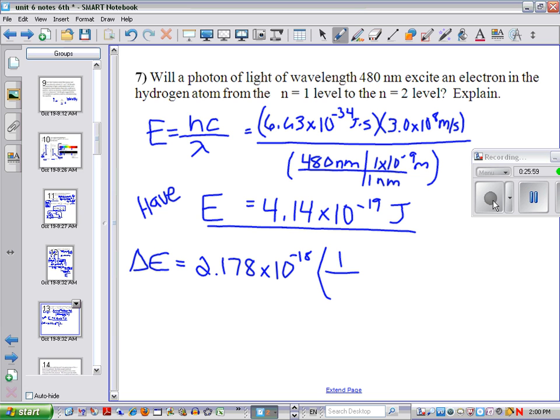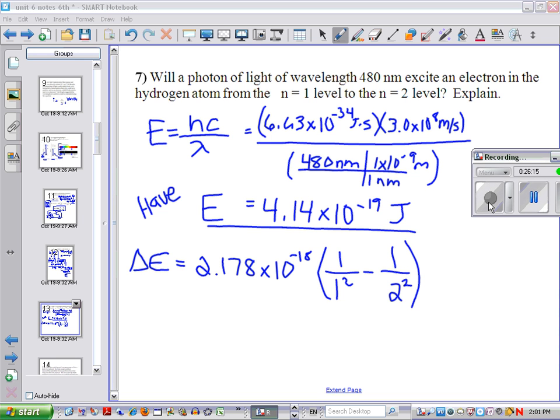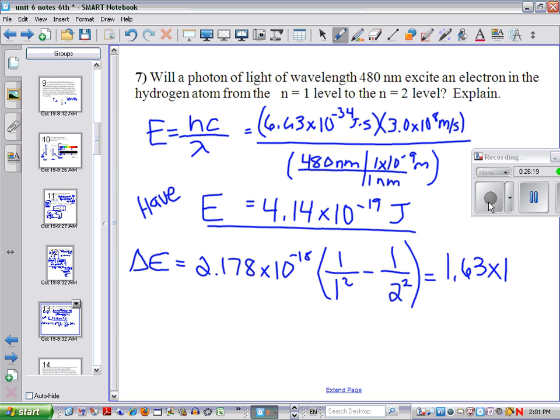So what energy level are we at initially? 1 squared minus your final energy level, which is 2 squared. And when you plug this into your calculator, you find the answer to be 1.63 times 10 to the negative 18th joules.